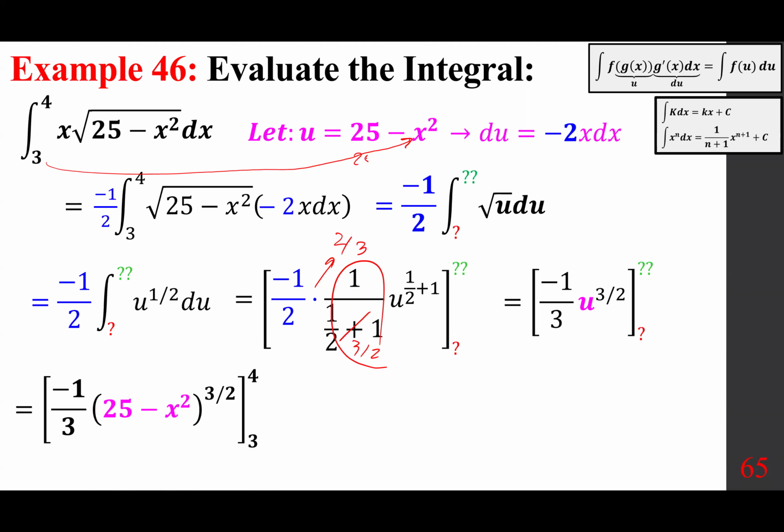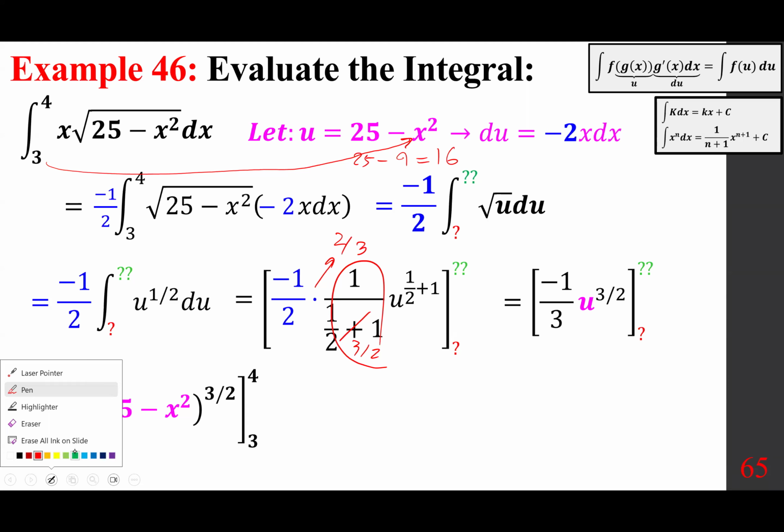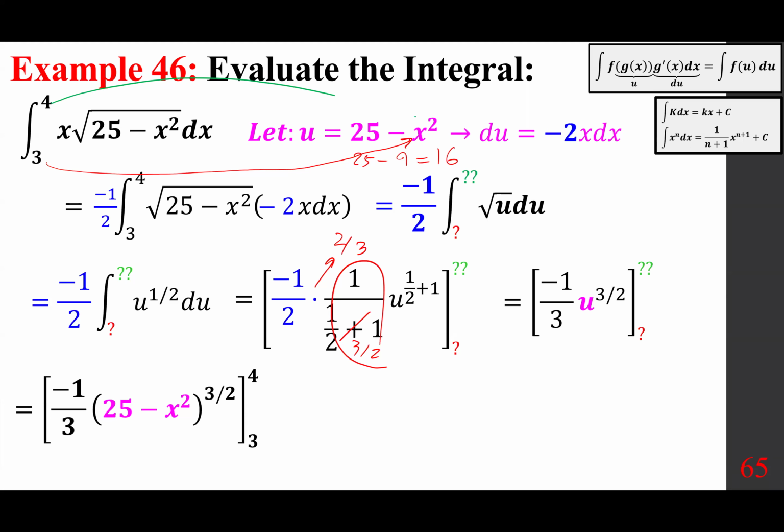So 25 minus 9 is 16. So the new lower limit is 16. If I plug in 4 here, 4 squared is 16. So 25 minus 16 is 9. So those are the new limits.